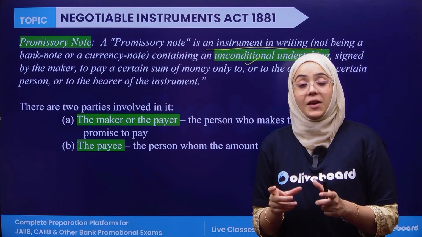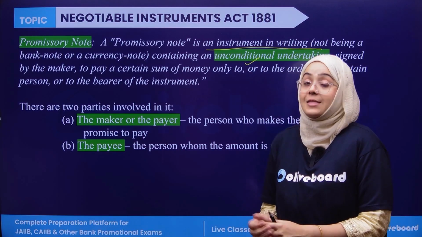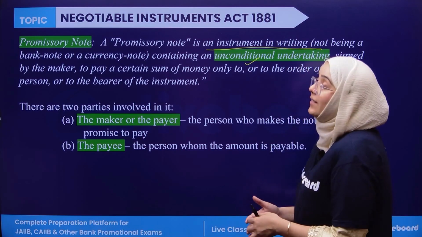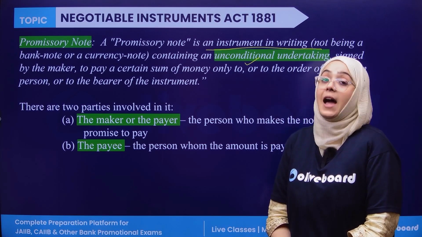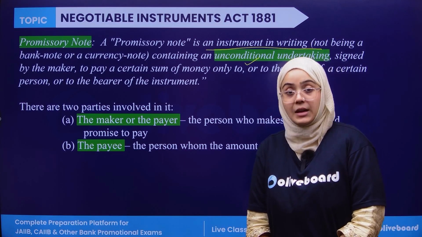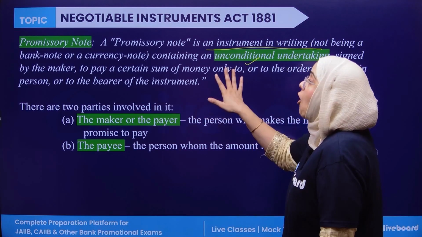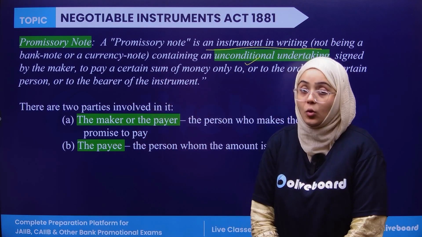It means that a promissory note is a written instrument, other than a bank note or currency, that contains a promise or unconditional undertaking that he or she has to pay a certain sum of money to the bearer of this instrument, or whoever is holding that promissory note.